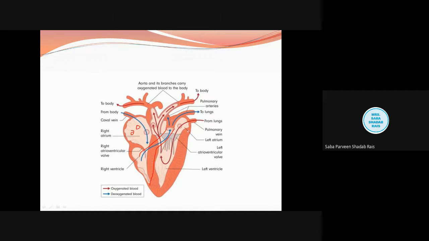For that particular reason, the specialized papillary muscles are present, which are called the chordae tendineae, and these are holding the wall in position.